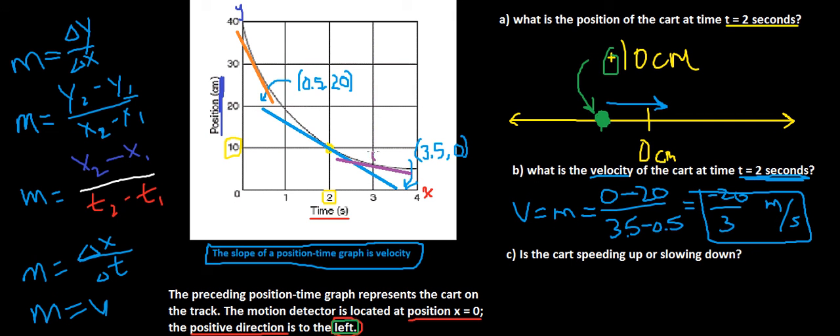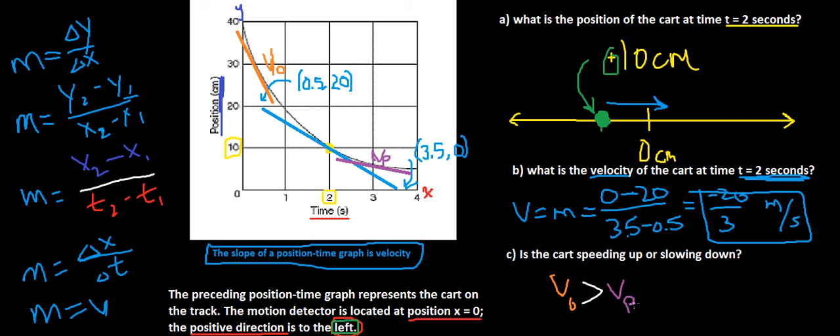So this is the velocity of the purple line, and we've got the velocity of the orange line. And since the orange line is steeper than the purple line, I know that the velocity of the orange line is greater than the velocity of the purple line.